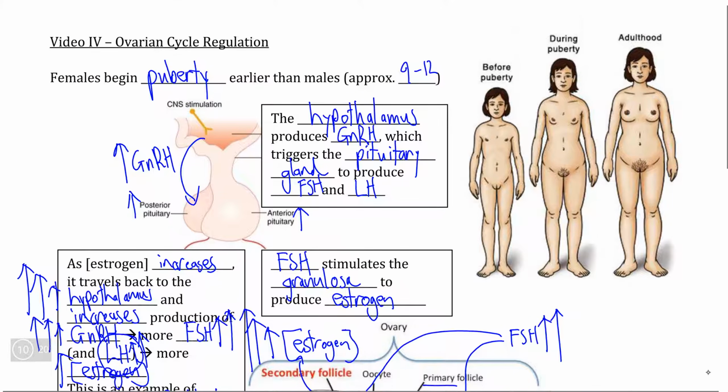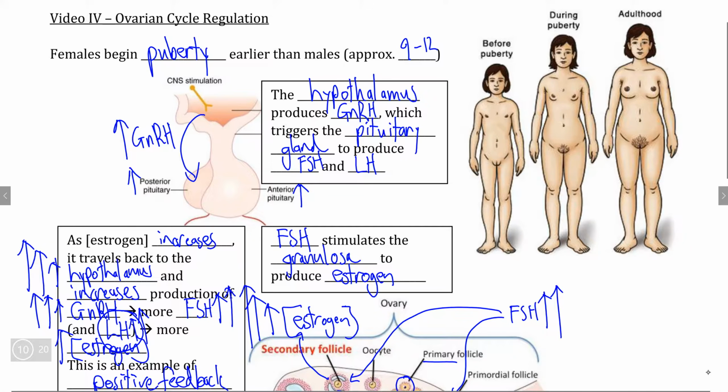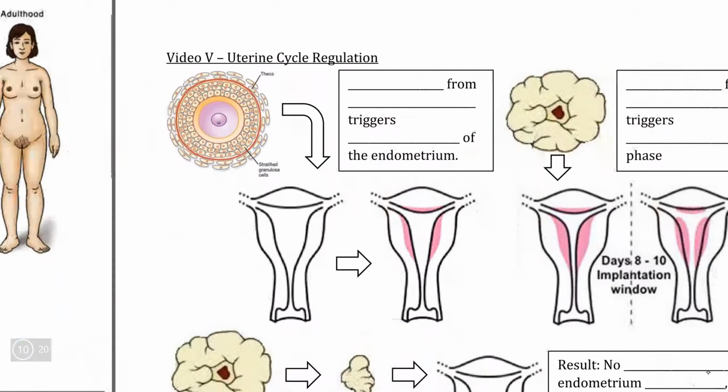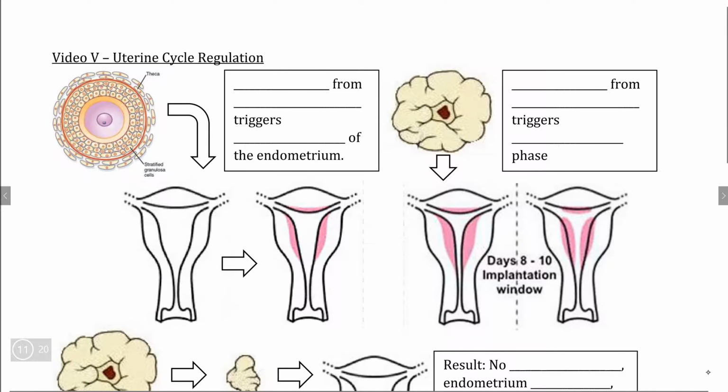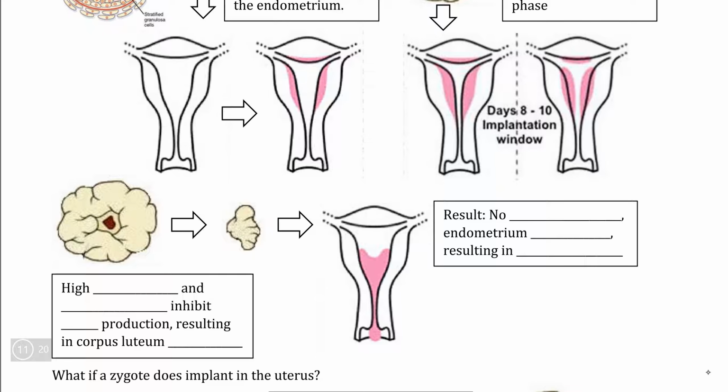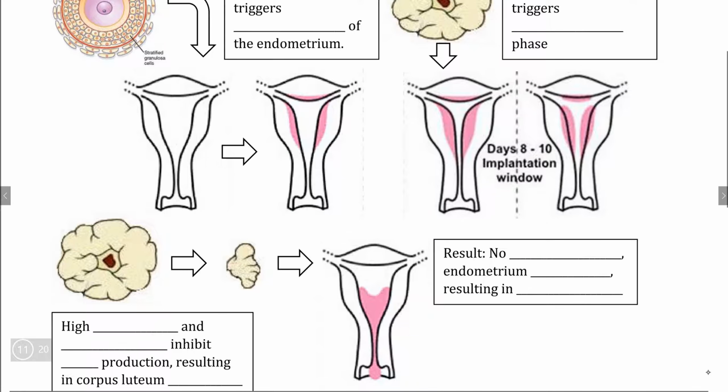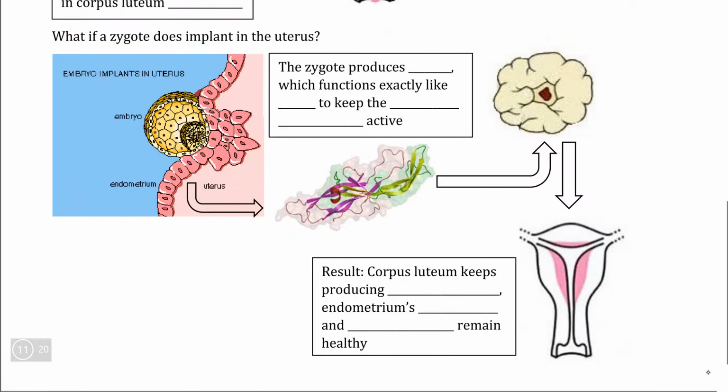In the next video, we're going to connect how all of this hormonal regulation in the ovaries translates to the specific changes that we see in the uterus, and how menstruation can specifically be prevented in the event of a successful pregnancy.